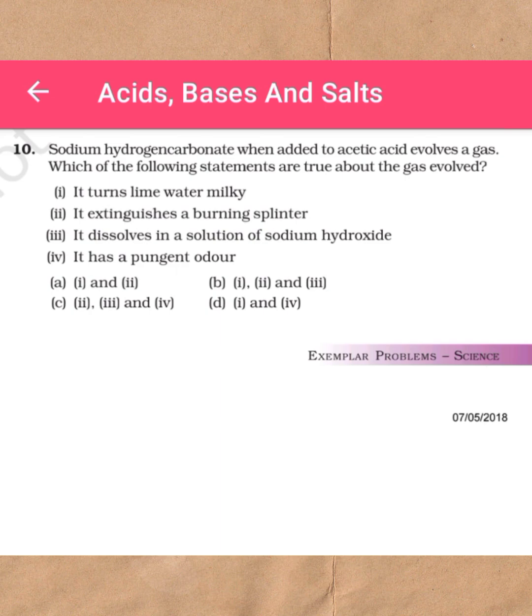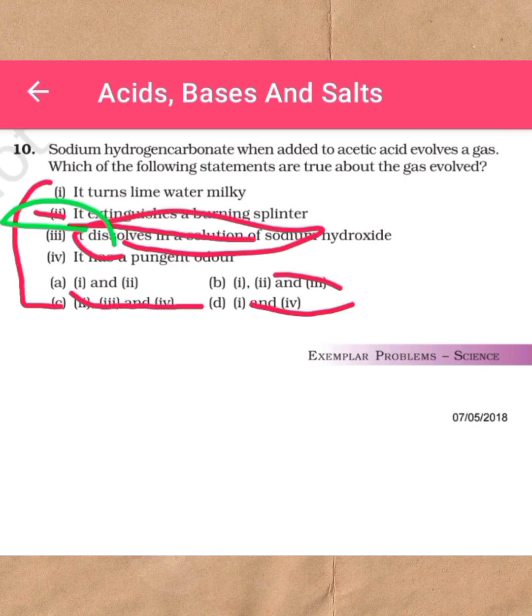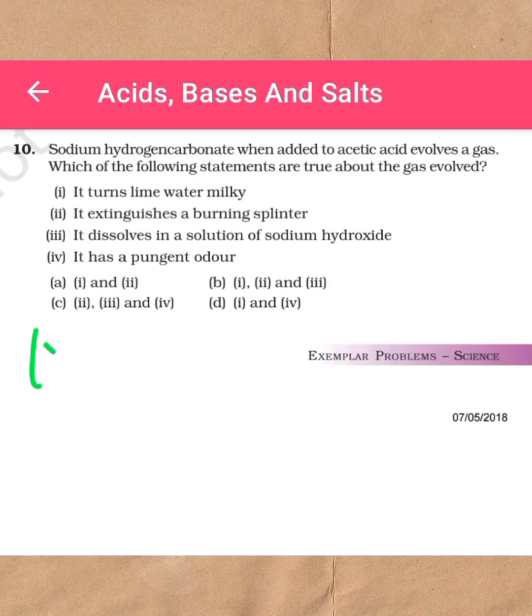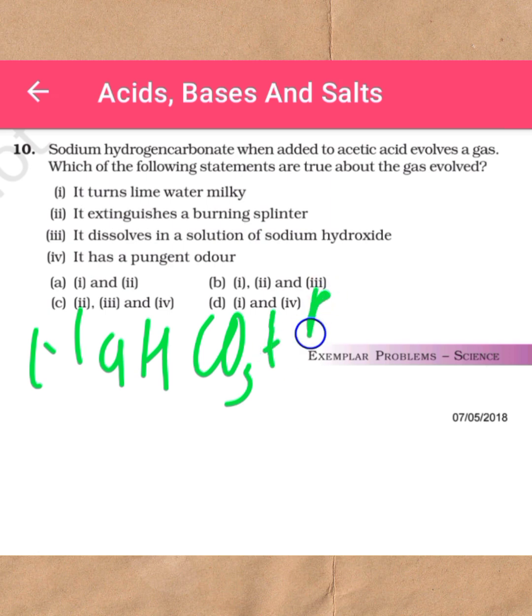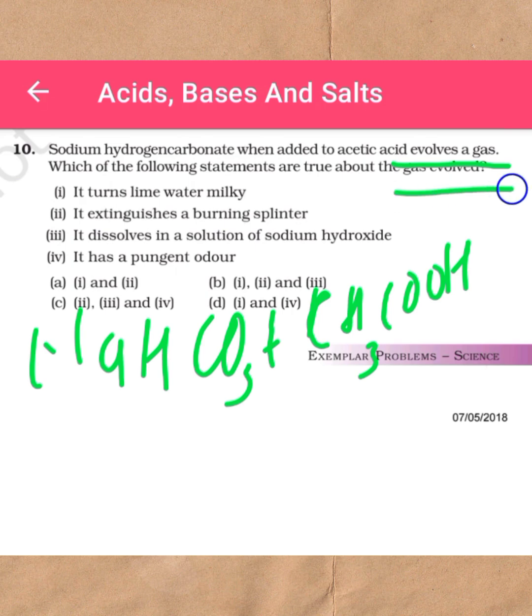Next is question number 10. Sodium hydrogen carbonate when added to acetic acid, CH3COOH, evolves a gas. Which of the following statements are true about the gas evolved? It means regarding the gas which is going to be evolved from the given reaction.